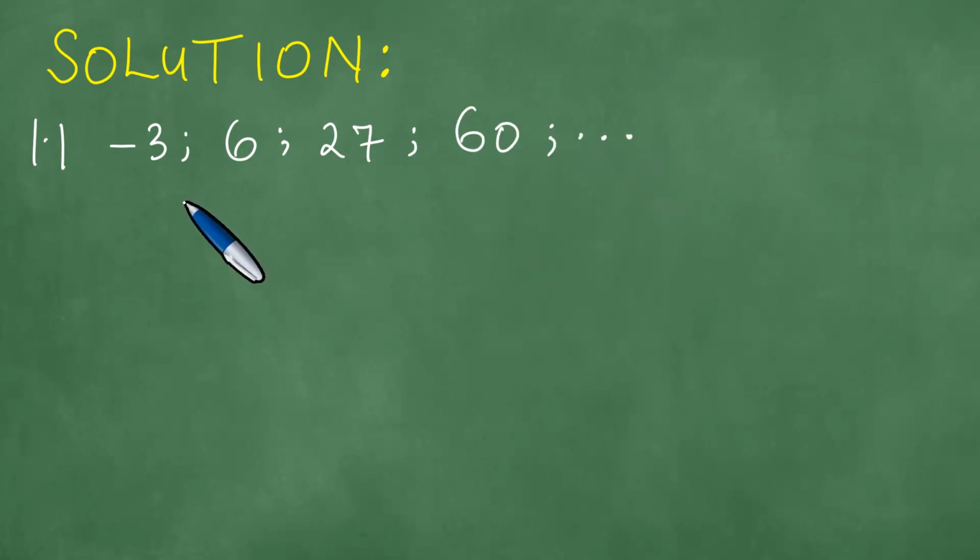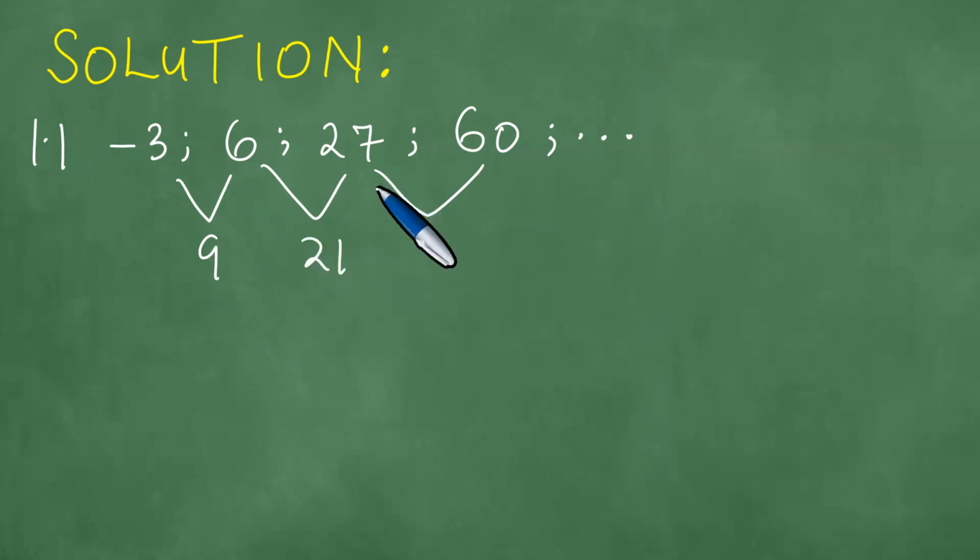Right, so what we do then, we find the first differences. Finding the first differences means the following. 6 minus minus 3 is 9. 27 minus 6, we get 21. 60 minus 27, we get 33.